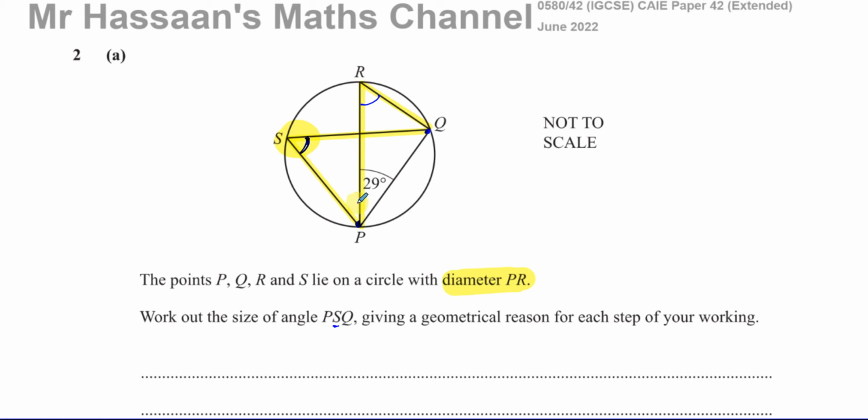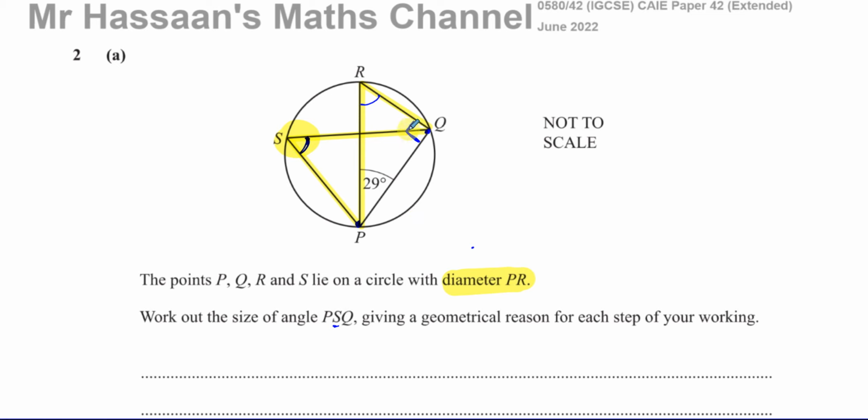Now, for me to find PRQ, I have to think about other angles. As I mentioned, the diameter is PR. So one of the things that we should know from our understanding of angles in circles is that angles standing on the diameter are 90 degrees. So the angle PQR must be 90 degrees.